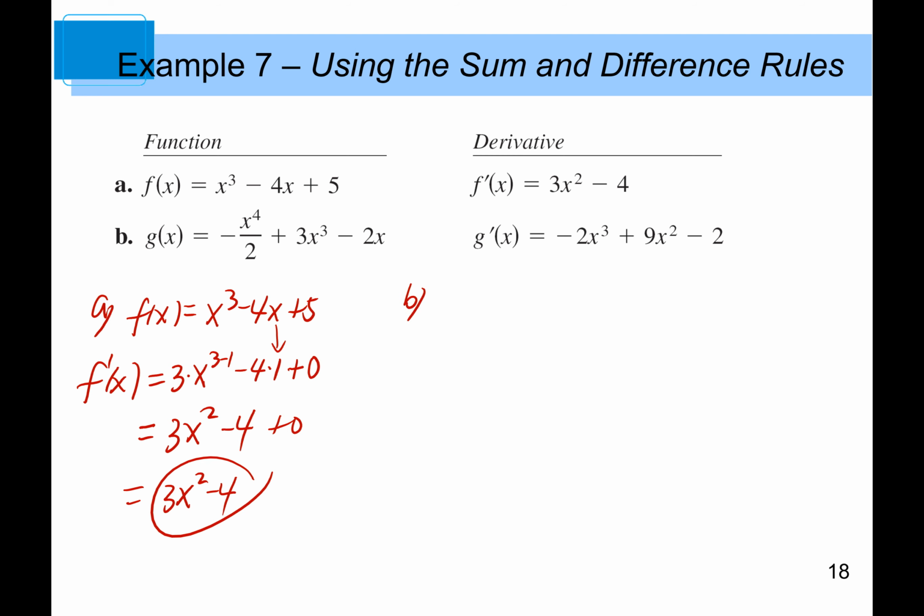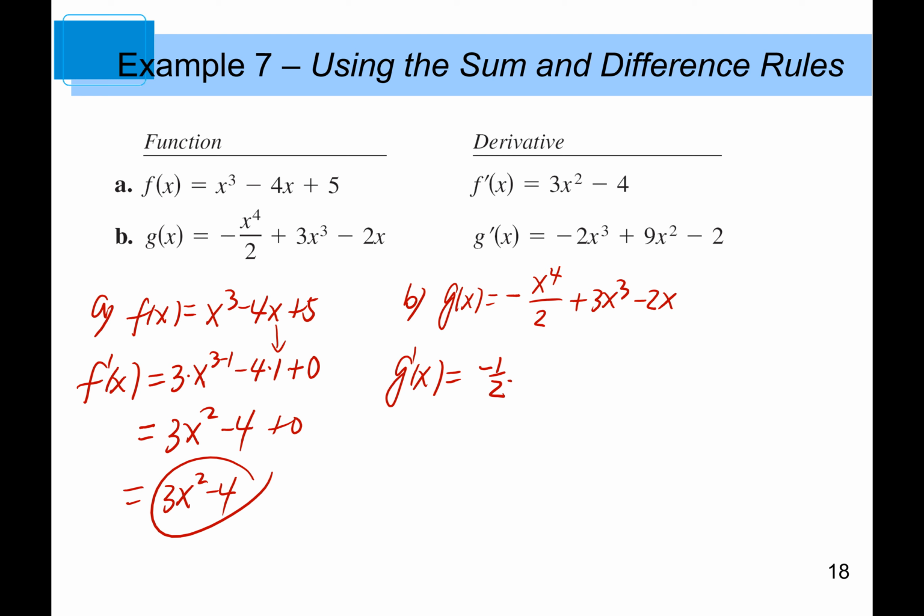B. G of x equals negative x to the 4th over 2 plus 3x cubed minus 2x. G prime of x, we separate into 3 different functions and find the derivative and combine and find the difference. Negative half.